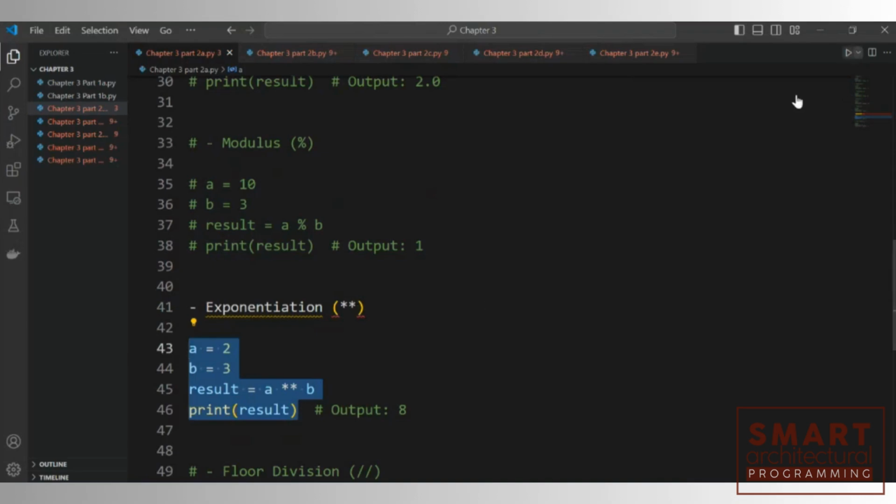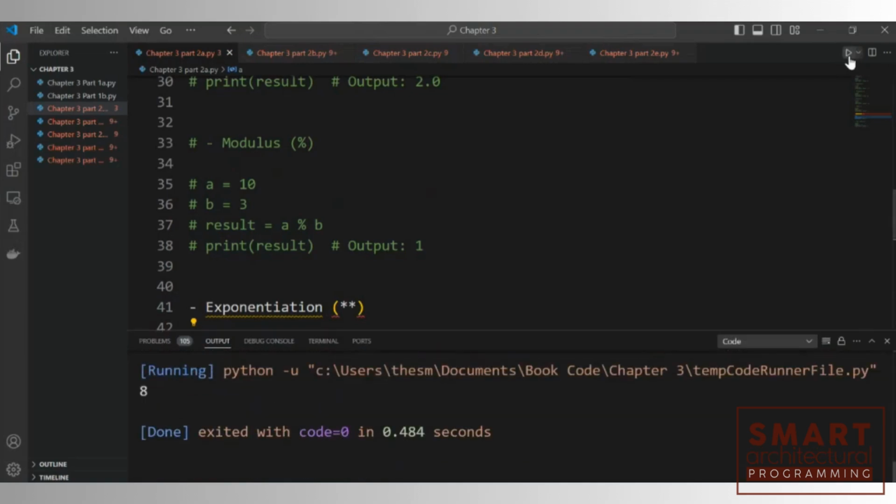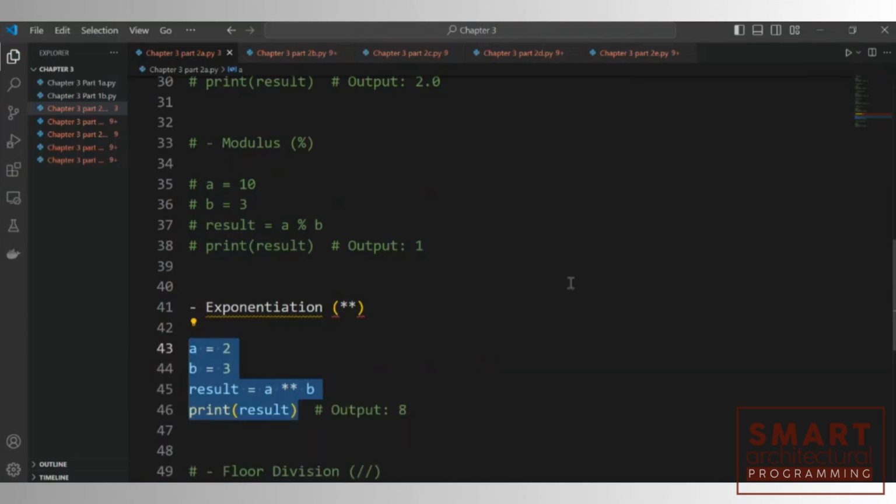As we run this code, you can see on the output on line 46 that the answer is 8. You can understand the usage of the symbol better if you look at line 45, where it's placed between the 2 operands it's going to act on. We run this code, the answer is 8, and that is what we need to know about the exponentiation operator.